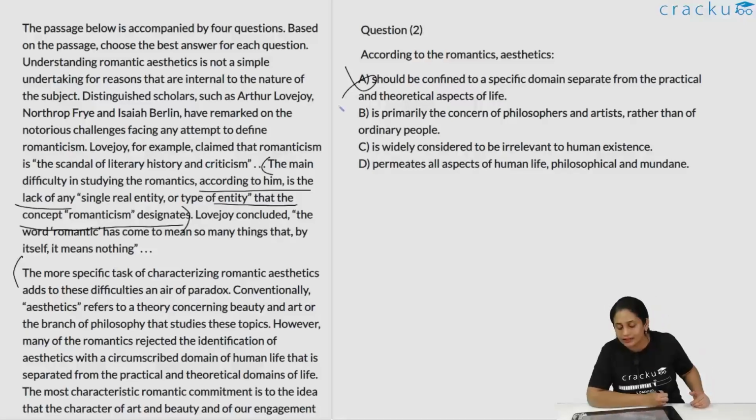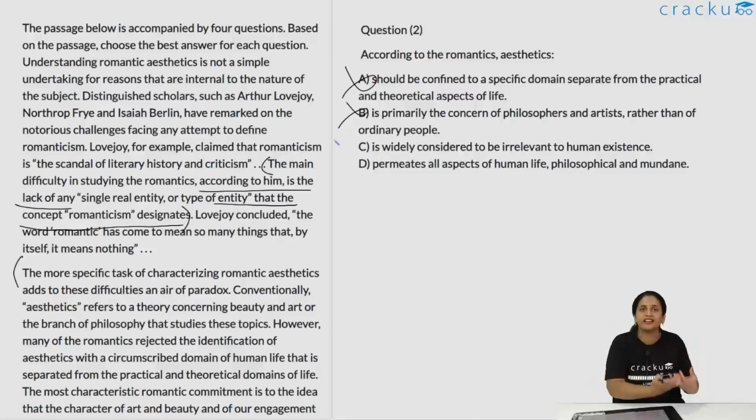Is primarily the concern of philosophers and artists rather than ordinary people? No, they believe that it should be a concern of everybody. So B is also clearly the opposite of what they believe in. Is widely considered to be irrelevant to human existence? No, they say it is the central ingredient of human existence, central ingredient of human life. So clearly opposite.